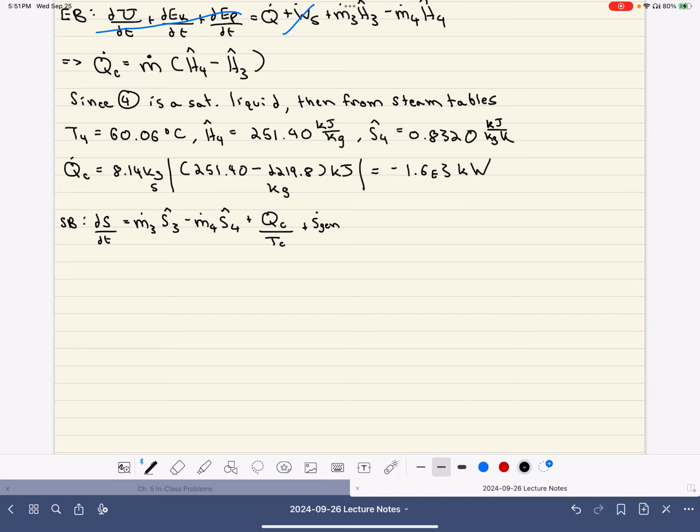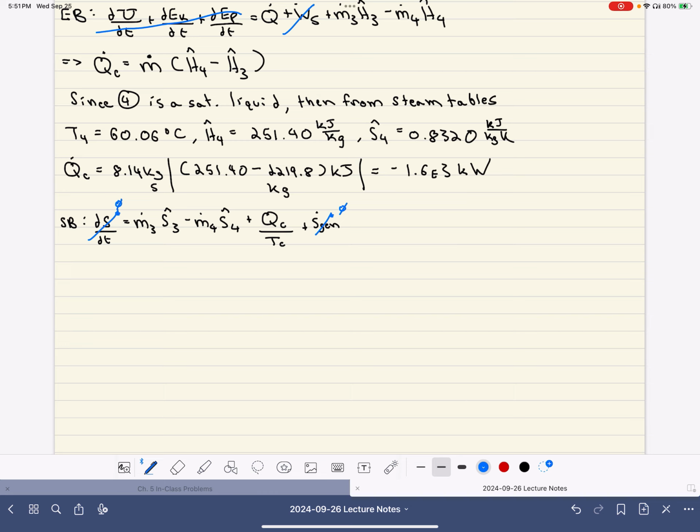Steady state. And because we're assuming this process operates optimally and reversibly, Sgen would also be 0.